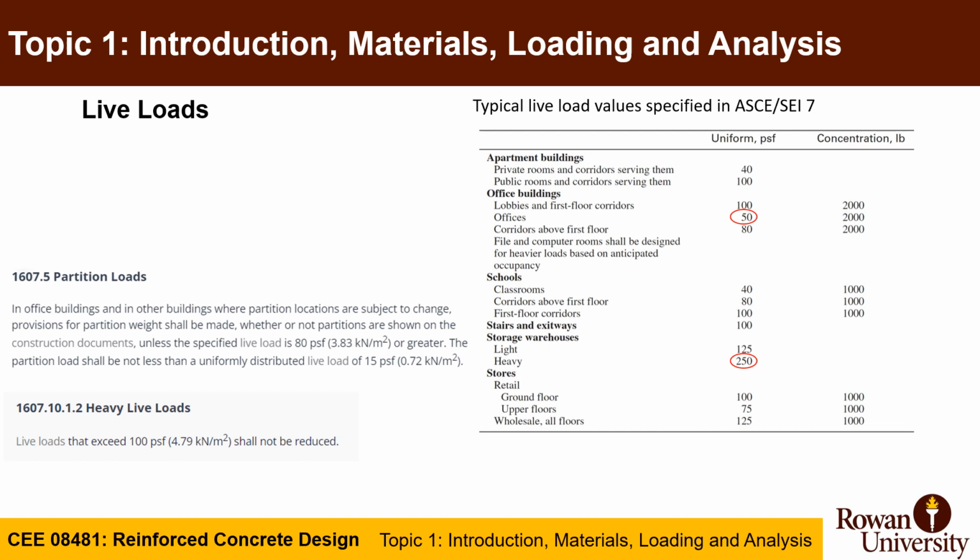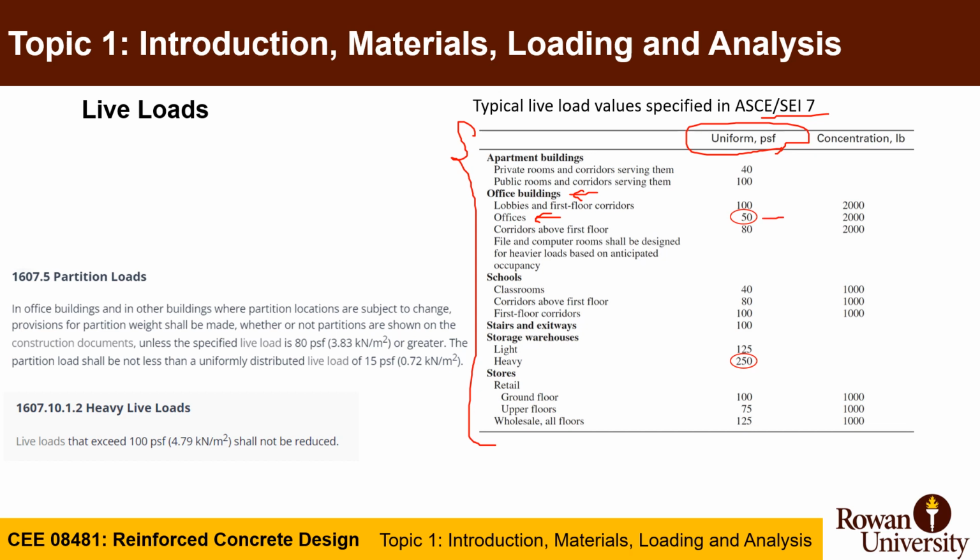The first table is from ASCE 7, where you can find directly, based on the functionality of your building, the value of your live load as a uniform load in pounds per square foot. For example, for an office building, the offices are around 50 pounds per square foot.